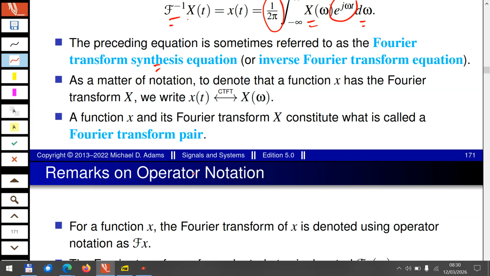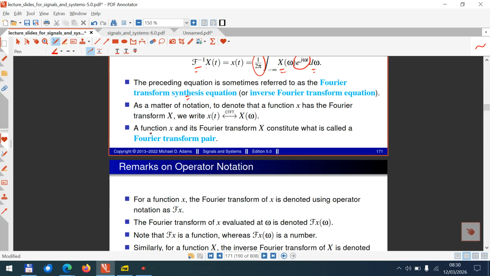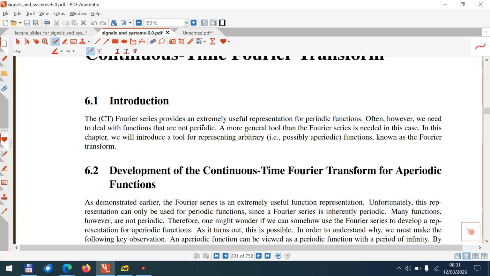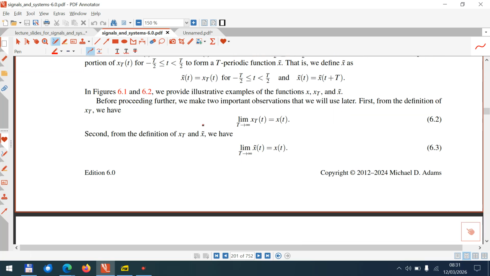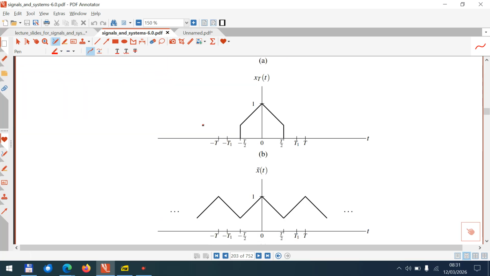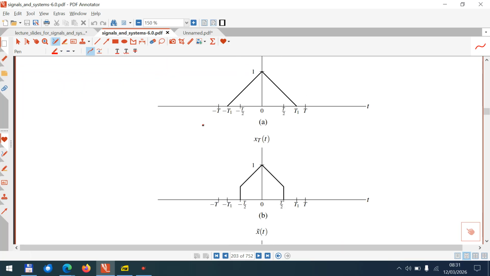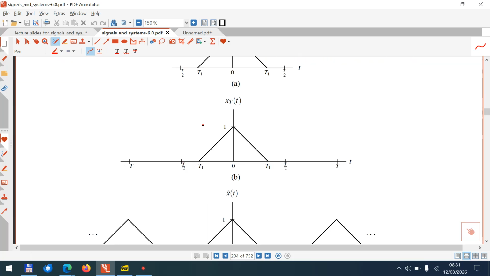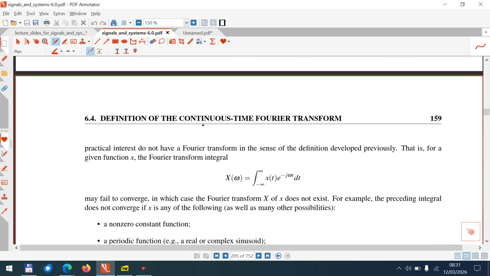So let me just show you one example and then I get to this generalized thing. I'll just show you quickly one example, although you have done these computations in CVT, but I just want you to see.